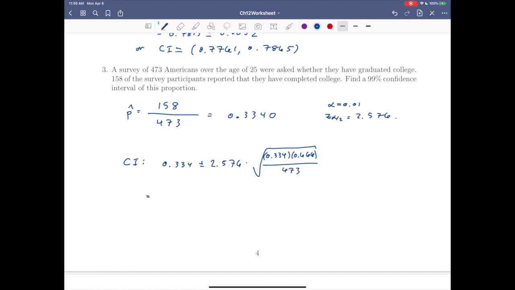And so it turns out that our confidence interval is 0.334 plus or minus a margin of error of 0.056. So that tells us that 33.4% plus or minus 5.6% of people over the age of 25 have graduated college. That's what we got from our example.